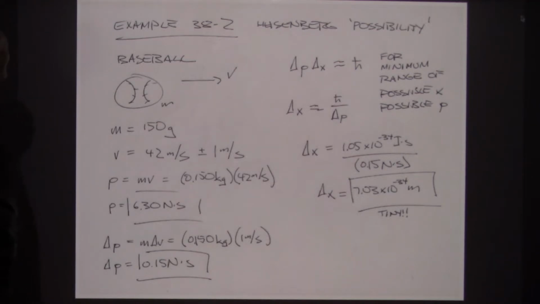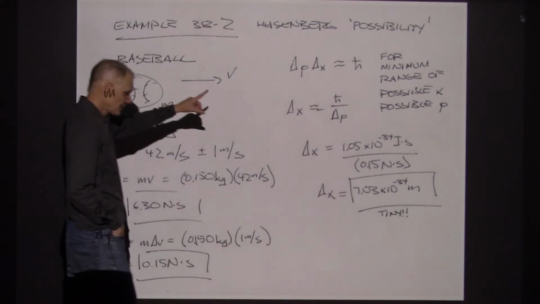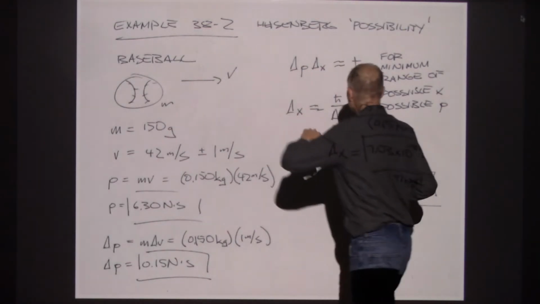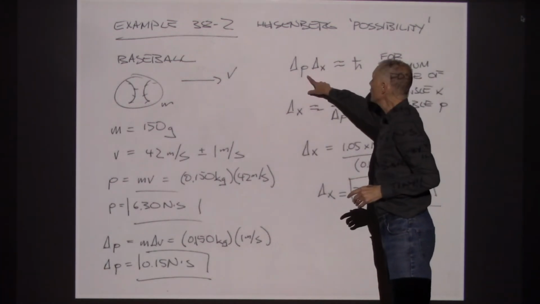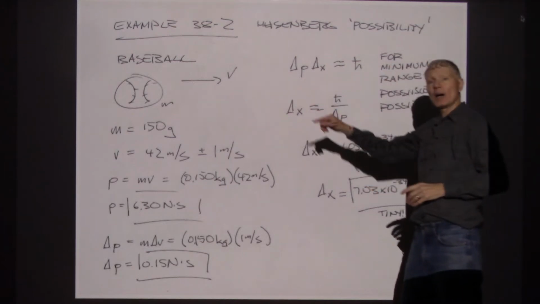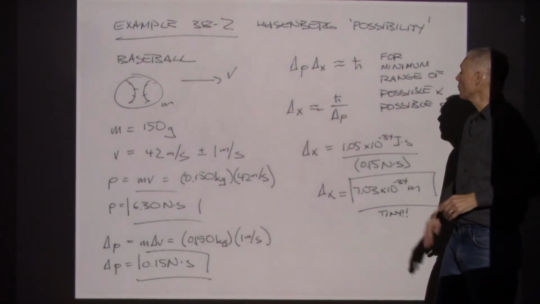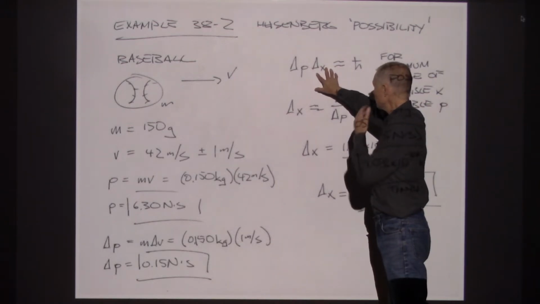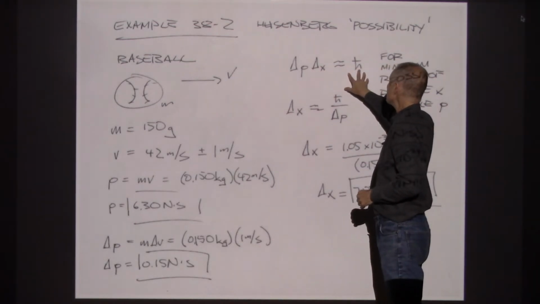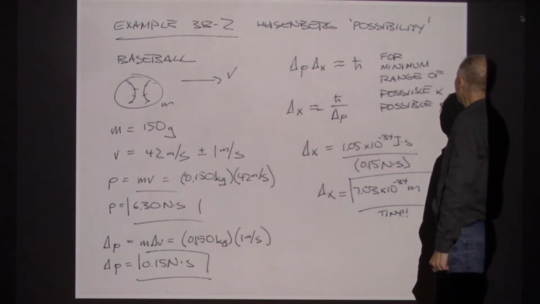Here is the baseball. So again, the principle we're looking at here is that this baseball does not have one definite momentum. There's a range of possible values times the range of possible locations is going to be approximately given by h bar.